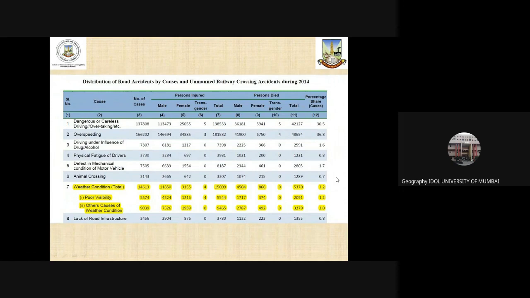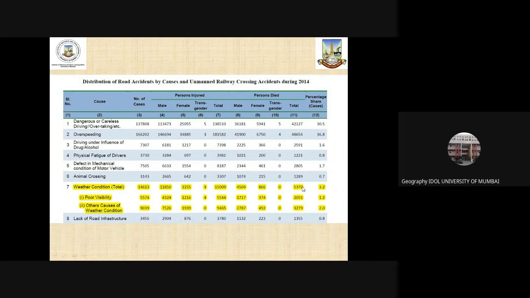Now, these are the statistics of road accidents caused by poor visibility in the year 2014, wherein we could find that weather conditions resulted in more than 14,000 cases reported, about 12,000 people injured, and a large number of people died.